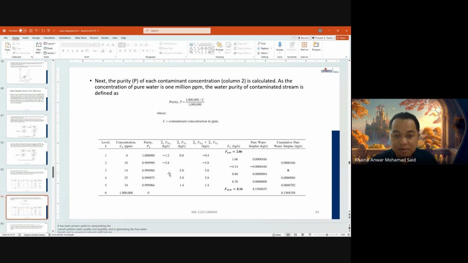So where do we get these two? From step two, extracting the data, demand and source.